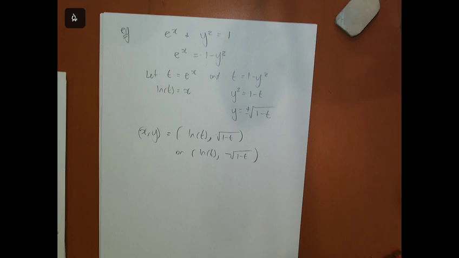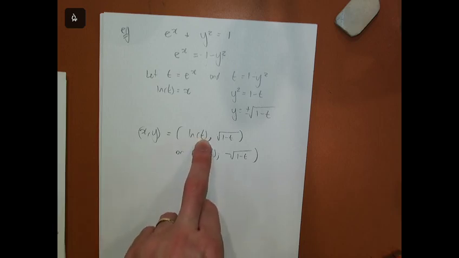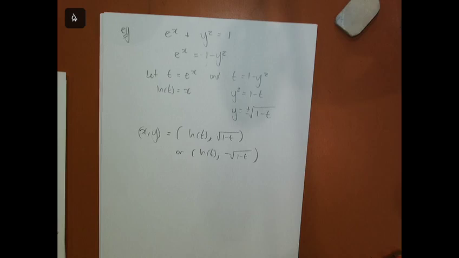I suppose I'm supposed to say what values t can possibly have. Well, let me look at what I'm allowed to do here. ln t is only defined when t is positive, so t has to be greater than 0. And root 1 minus t, that's not going to be defined if t is more than 1, because I'll get a negative number, so t is going to have to be between 0 and 1.